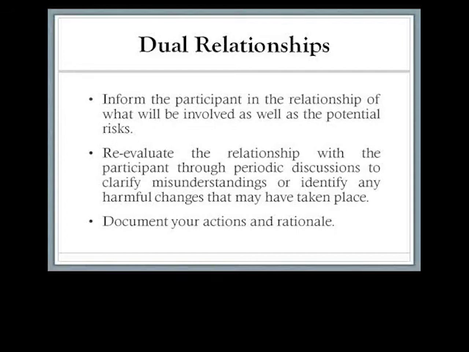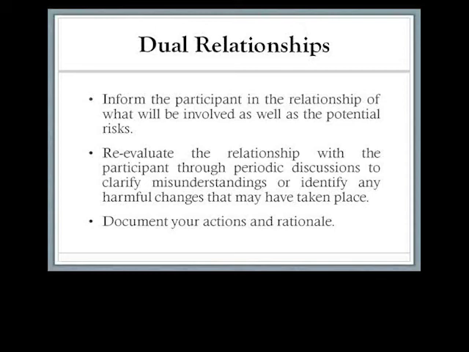If we are thinking about entering into a dual relationship, there are a few things that you should consider. First of all, you should inform the participant in the relationship, and you should think yourself about what explicitly, precisely will be involved, what this will mean, and you should identify for yourself and for the participant the potential risks of engaging in a dual relationship.